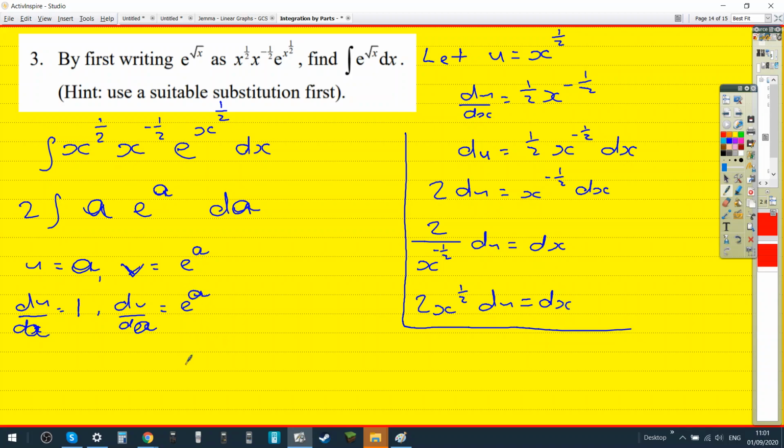Oh, okay. And so, integral of this thing. So a e to the a, and then e to the a minus the integral of e to the a, which is just e to the a.